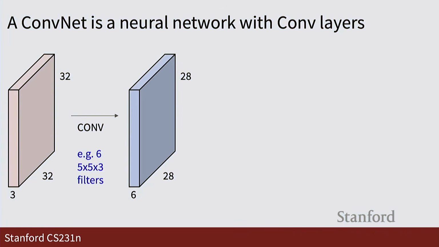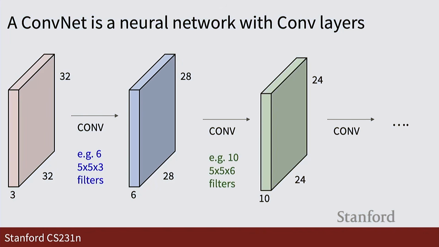And then a convolutional network is just a computational graph that includes a bunch of conv layers. So in practice, we'll tend to stack up a bunch of convolutional operators, one after another. So this is a simple convnet. You start with an image that's 3 by 32 by 32. Then we have a conv layer that has 6 filters. Each filter is 5 by 5 by 3.